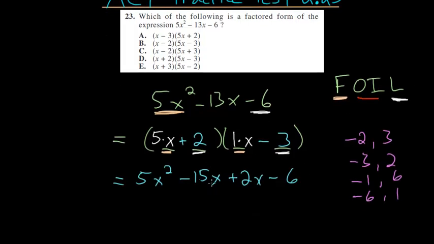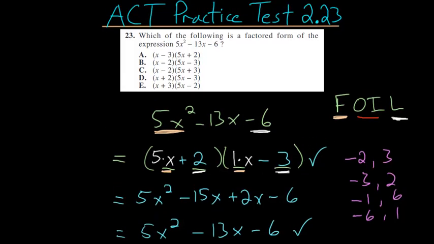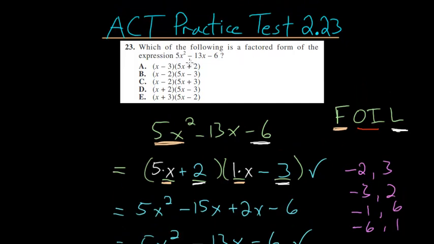And combining these like terms in the middle, we have 5x squared, and minus 15x plus 2x is minus 13x, and then minus 6. So since we got back the right answer, that means that this is correct. And going up to our answer choices, you can see the 5x plus 2 and the x minus 3. So that is choice letter A.